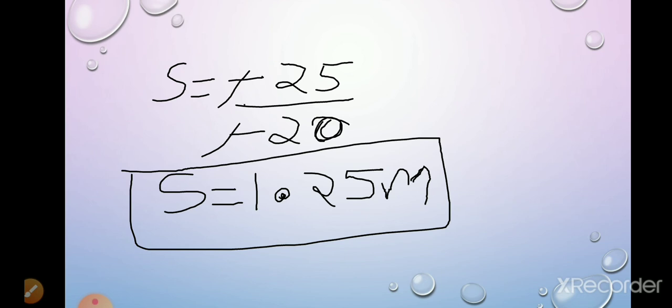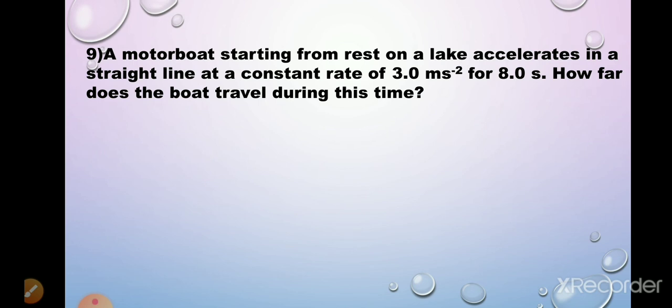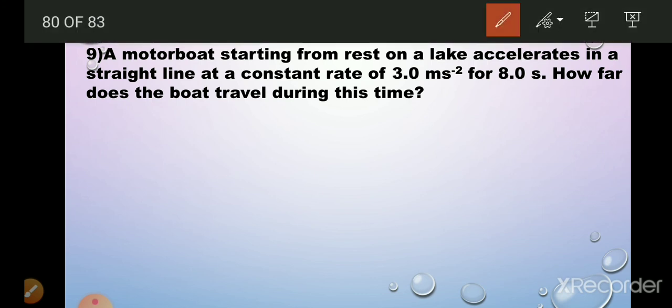Okay. So now let us solve the next problem. A motorboat starting from rest on a lake accelerates in a straight line at a constant rate of 3 meter per second square for 8 seconds. How far does the boat travel during this time? So now what is given? Initial velocity is 0 because the motorboat starts from rest, so u equal to 0.